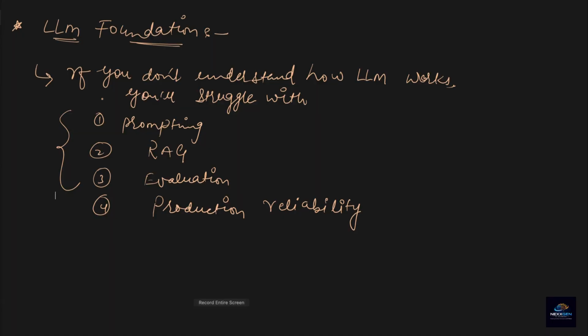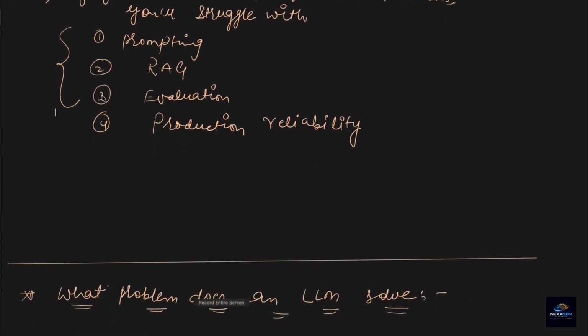In the upcoming videos, we will be talking about prompting and prompt engineering, retrieval augmented generation, and LLM and foundational model evaluations and their production reliability. To understand all these videos, it's very important to understand the LLM foundation first. So let's get into it.